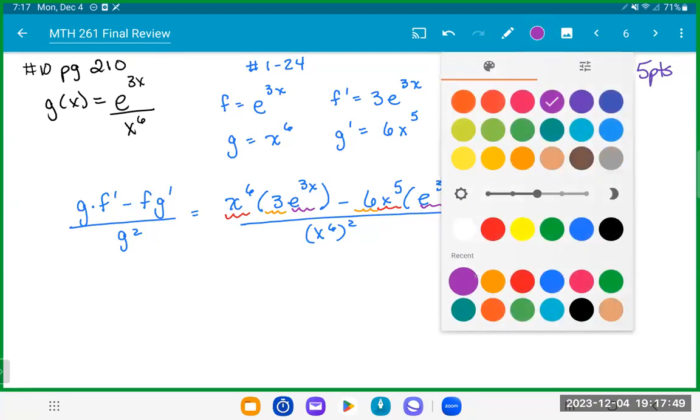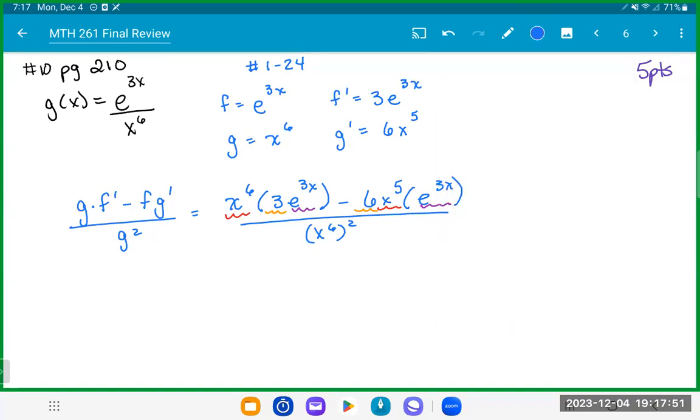Okay, so when we do that, we end up with 3x to the 5, e to the 3x. We factored those out. What it leaves us with is an x minus 2. All of that divided by x to the 6 squared, which gives me x to the 12.